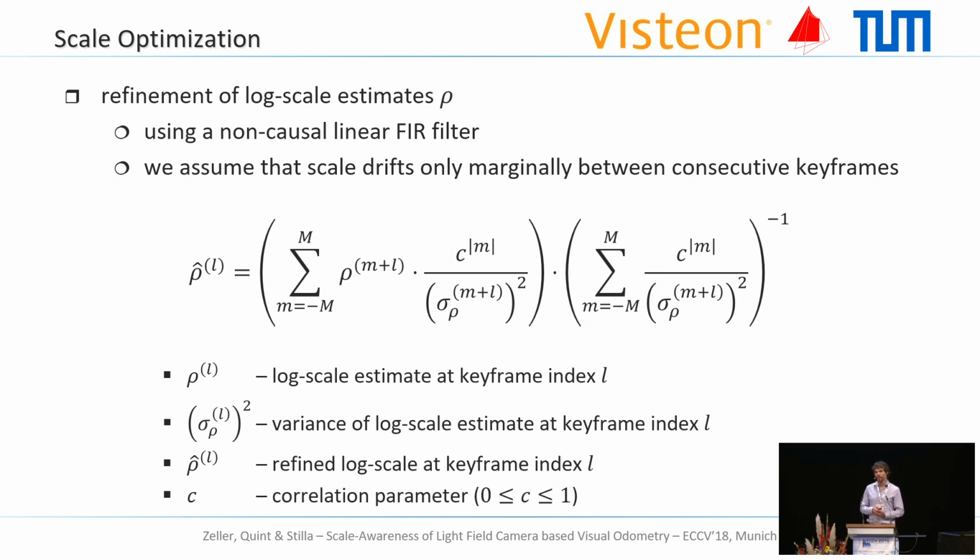Here we consider the correlation between neighboring keyframes to be quite high, and so we have this correlation factor C, which basically models the correlation between the keyframes. So if the distance between the keyframes is high, we have less correlation, and so the scale can be more different between those keyframes.